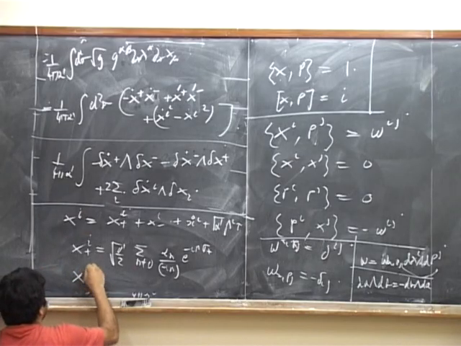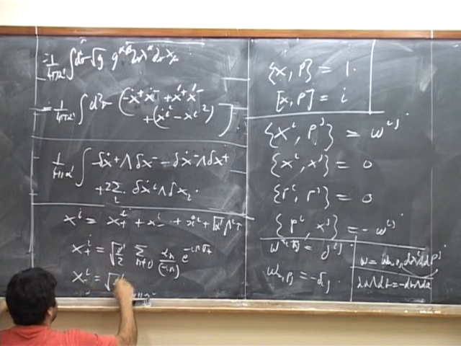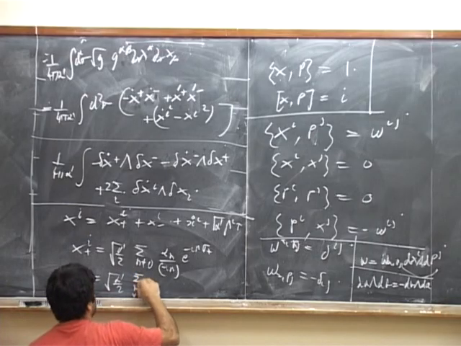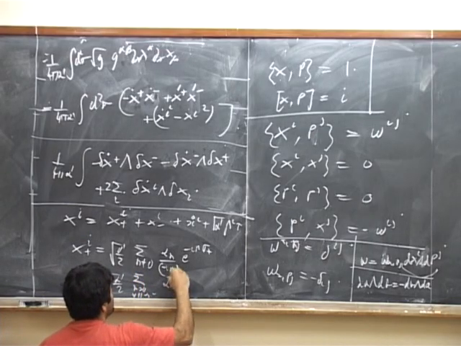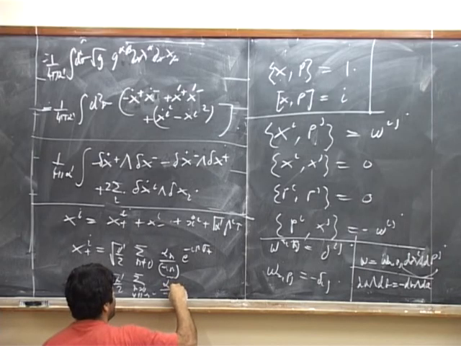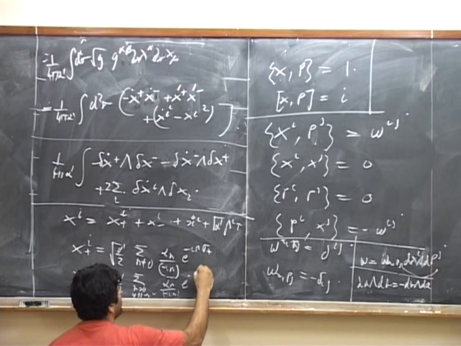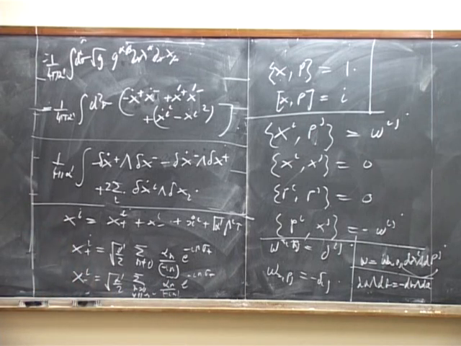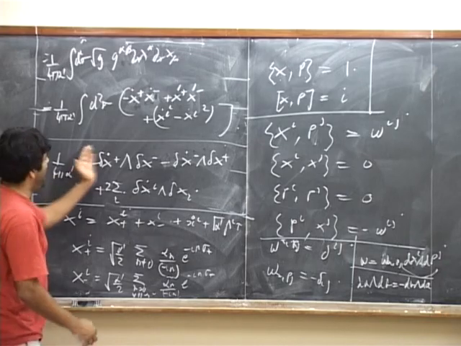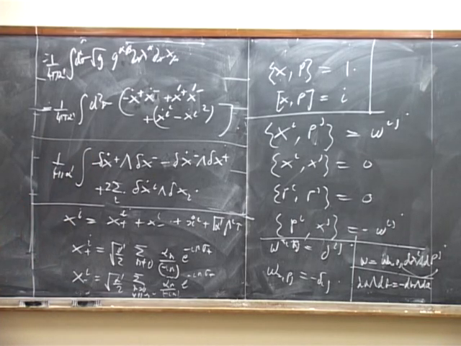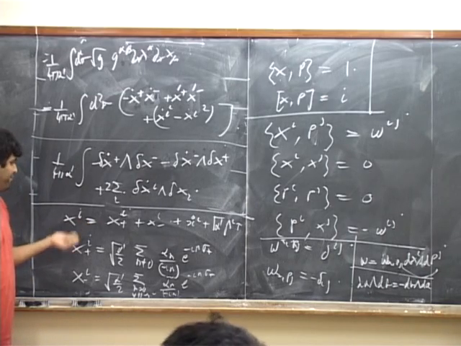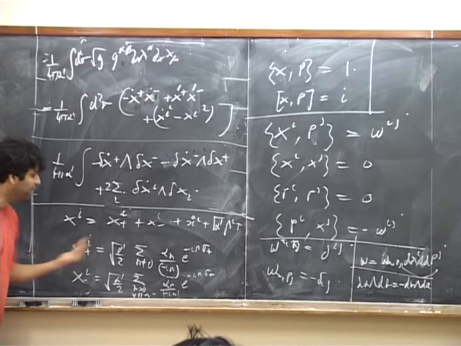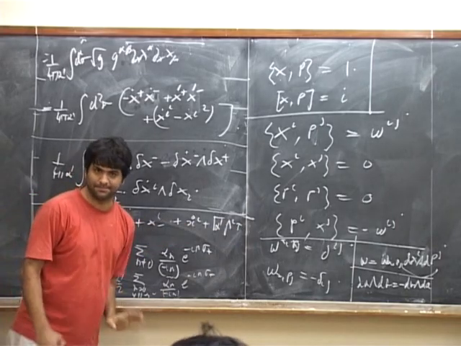Xi minus is equal to alpha prime by 2, sum over n not equal to 0, alpha n tilde by minus in, e to the power minus I in x minus. What have I done? I still have to write down some part connected with x plus and x minus. We'll do that in a moment. But here, what have I done? I've just taken an arbitrary function of xi and Fourier transformed it, adding the 0 modes.